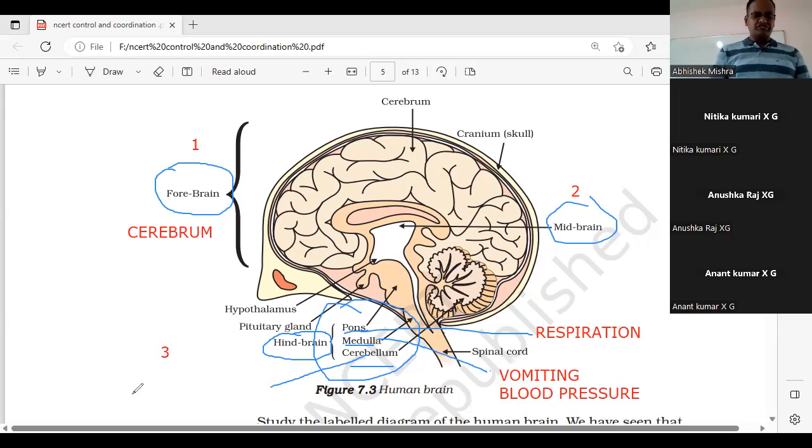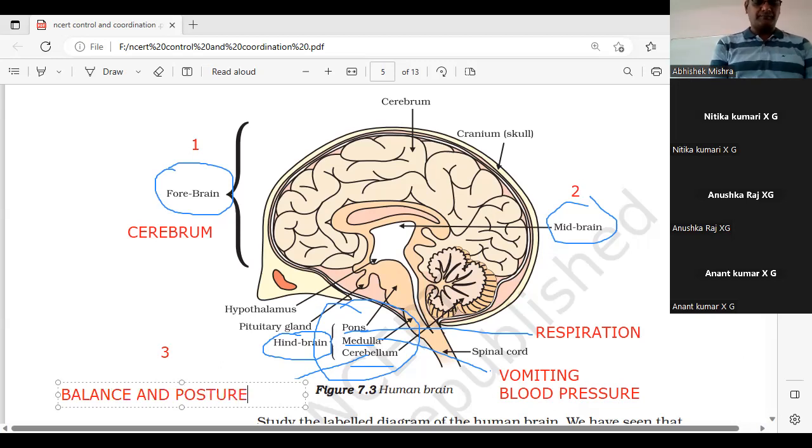Now, what is the function of the cerebellum? This cerebellum controls the balance and posture of the body.